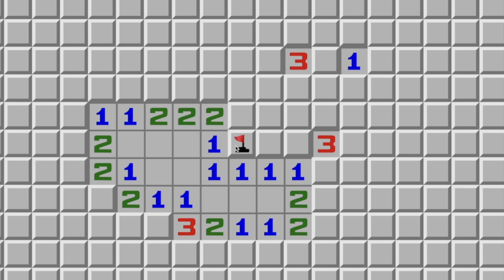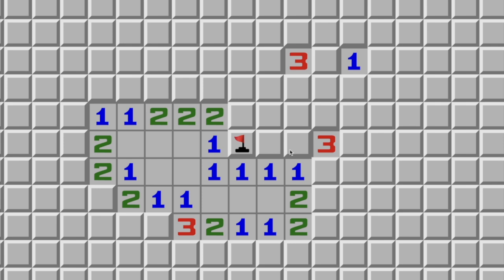But now let's look at this one. We know that there must be 1 mine in its surrounding 8, but we already know the location of that mine. So by using this kind of inverse logic, we know that these 2 must be safe, since there can only be 1 mine surrounding it. So we can just uncover these 2.